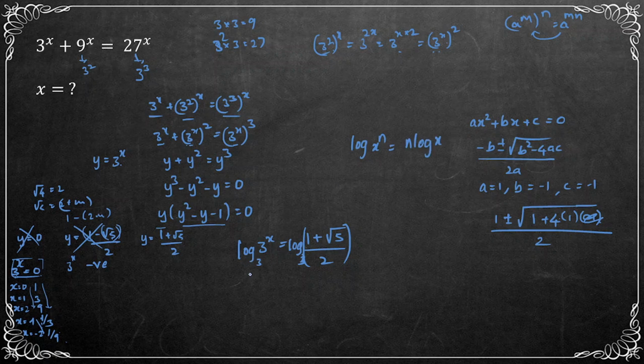So similarly here we have x into log 3 base 3. Log 3 base 3 is 1. So we have x is equal to log base 3 of 1 plus root 5 divided by 2. This is the answer.